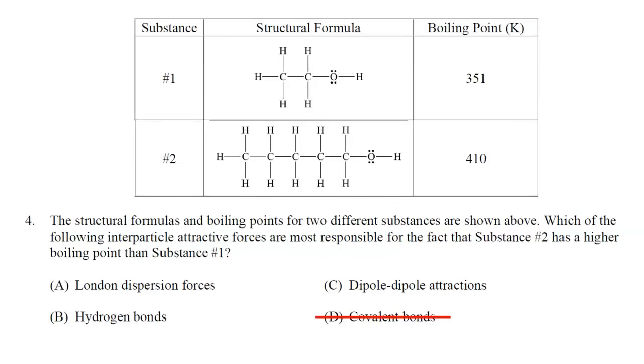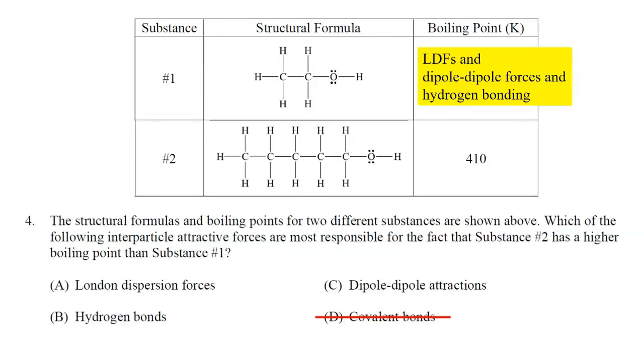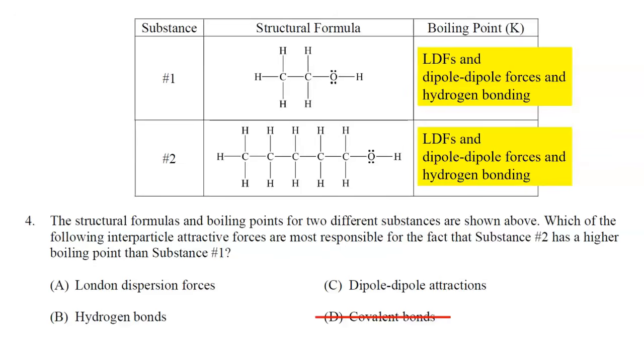And if we take a close look at the structural formula of each of these molecules, we can see that they are both polar molecules because of the asymmetry of their structural formula. So they would experience London dispersion forces and dipole-dipole attractive forces between molecules. And you can see that there is a hydrogen atom directly bonded to an oxygen atom in each of these molecules.